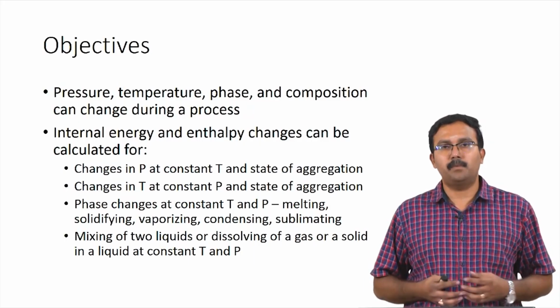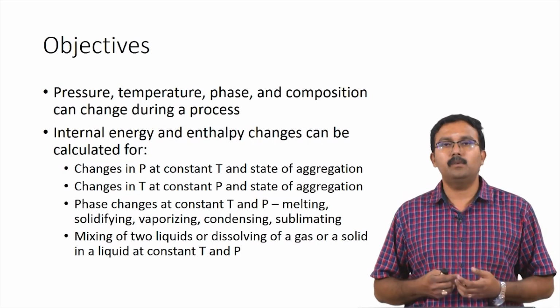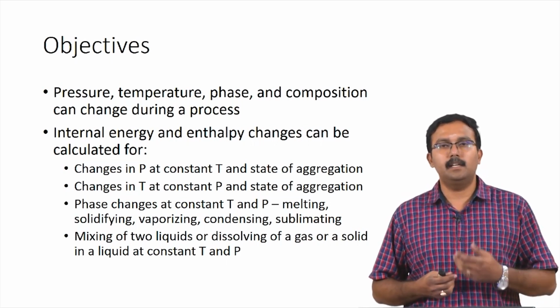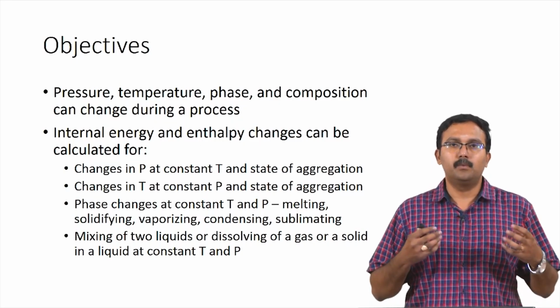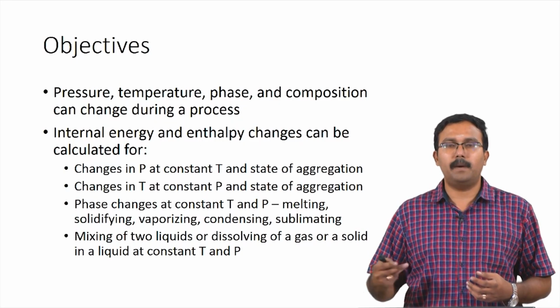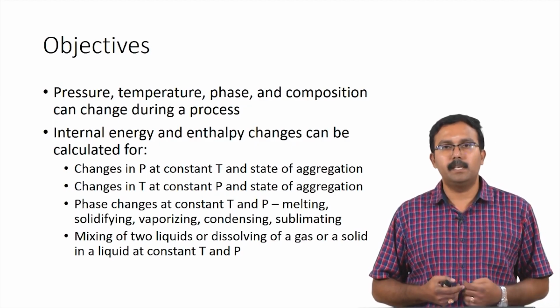So, these are the types of processes for which we can actually quantify or calculate changes in internal energy or enthalpy. So, the process would have to have two of the parameters to be a constant and only one of the parameters to be changing.